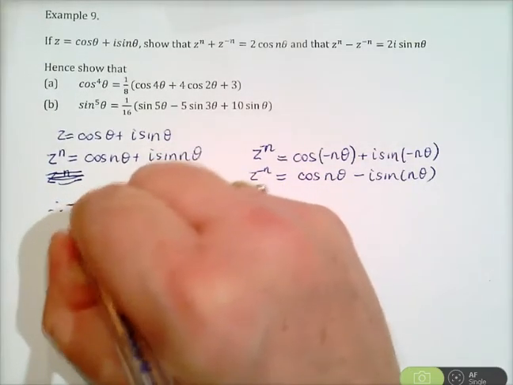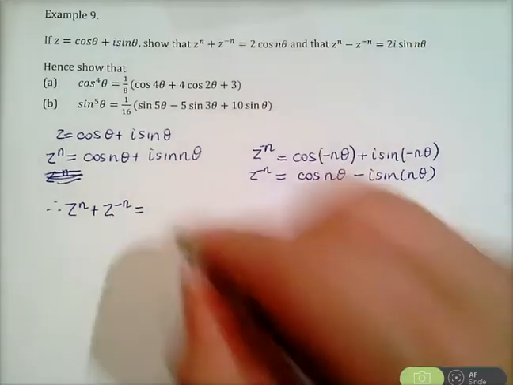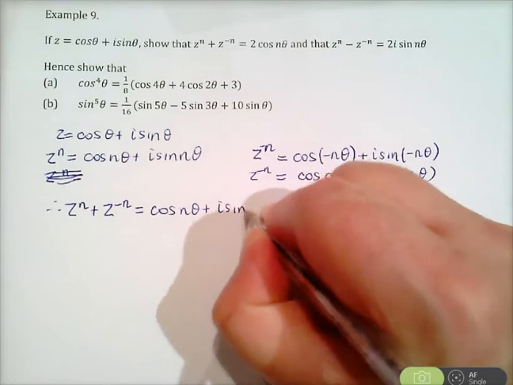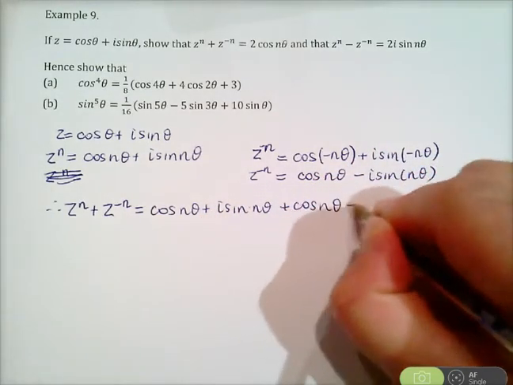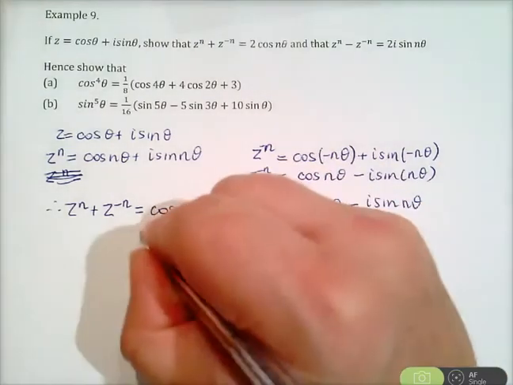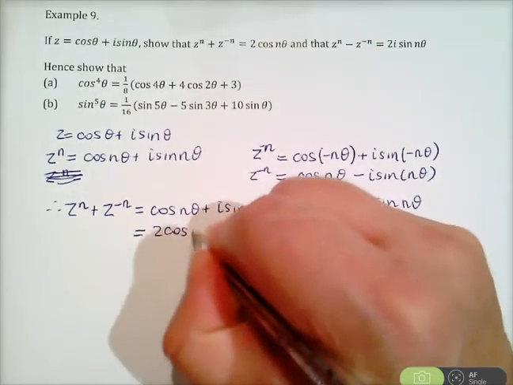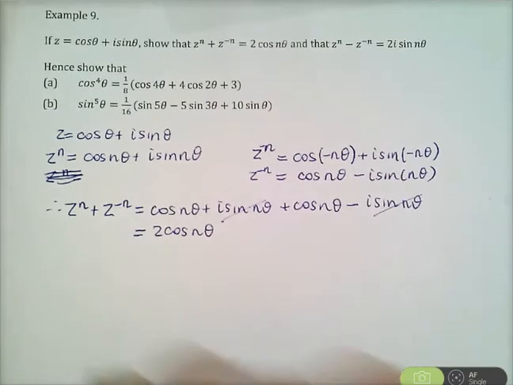So therefore, z to the power of n plus z to the power of negative n is cos n theta plus i sine n theta plus cos n theta minus i sine n theta, which is 2 lots of cos n theta, and the i sine n thetas cancel, okay?